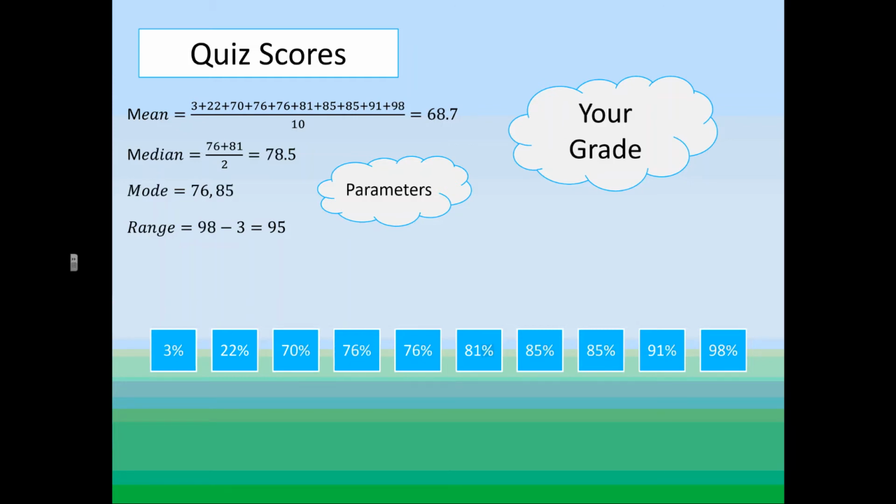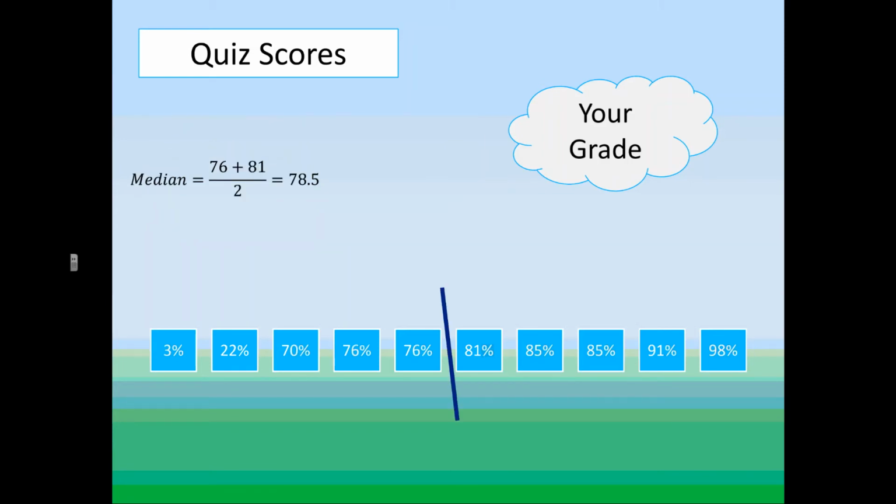Sometimes I want to know what your average is. Most of the time, that's what you're looking at. I like looking at what's in the middle. Other people like looking at what's most likely to happen. And then there's the range. The range tells us how far spread you are, how large that gap is from the lowest to the highest. In this case, it's a really big gap.